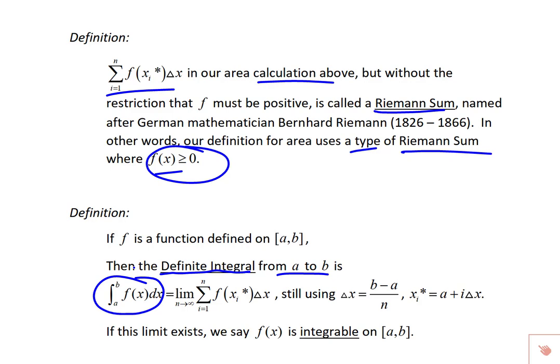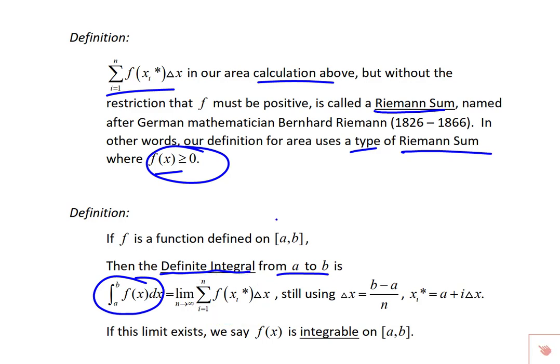That notation is referred to as the definite integral. What we're saying here is that it is equal to the limit as n approaches infinity of this Riemann sum. We just understood that this familiar sum, which was used in the context of area when we restricted the function to be greater than or equal to 0, is more generally called a Riemann sum if the function is not restricted that way.